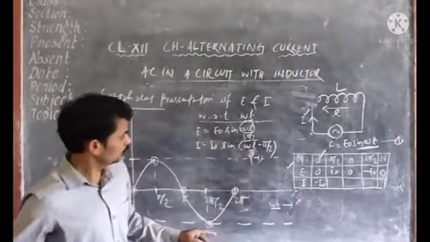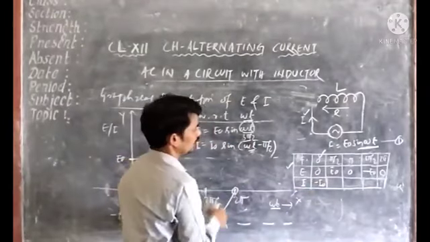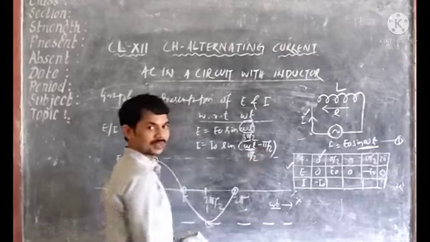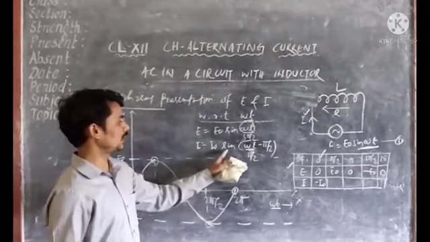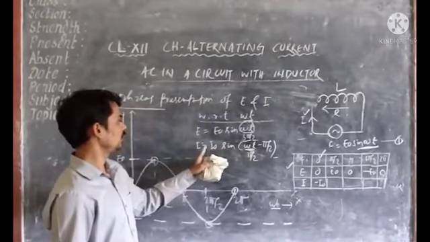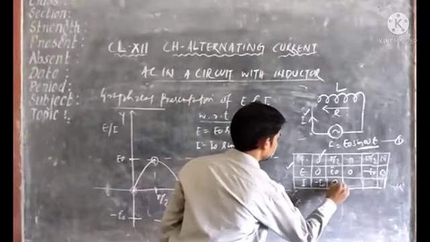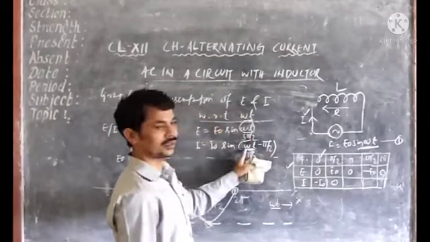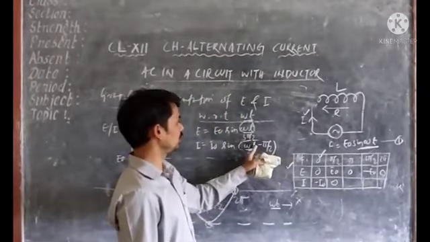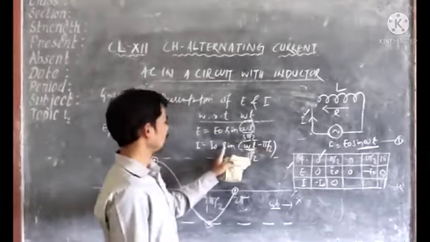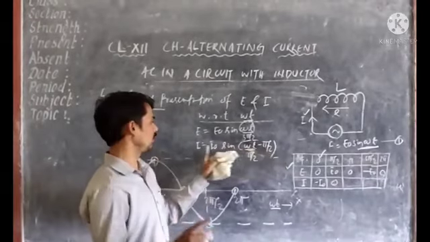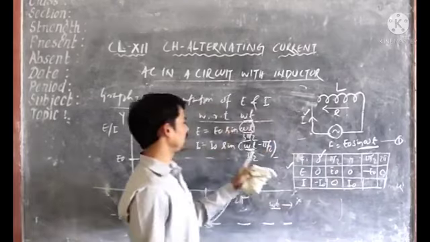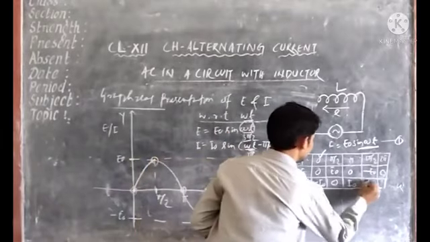Then when you put pi by 2 in place of omega t, pi by 2 minus pi by 2 is 0. So sin 0 is 0, so I is equal to 0. In the same way, when you put pi, it is pi minus pi by 2, so the result will be pi by 2. Sin pi by 2 is 1, so I will be equal to I naught. And again for 3 pi by 2, this will be 0.